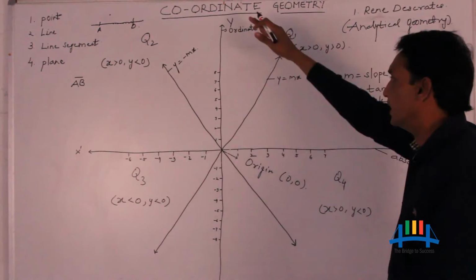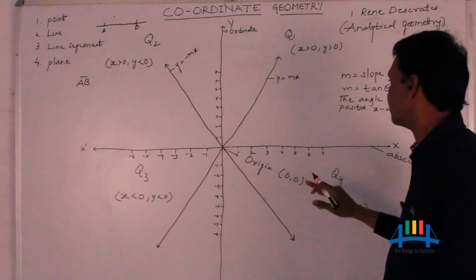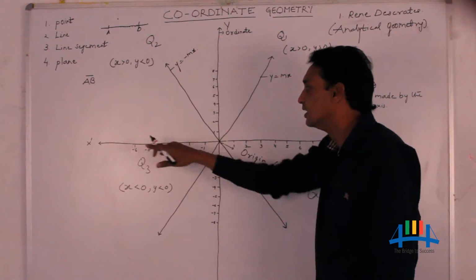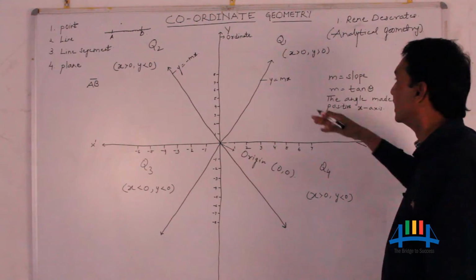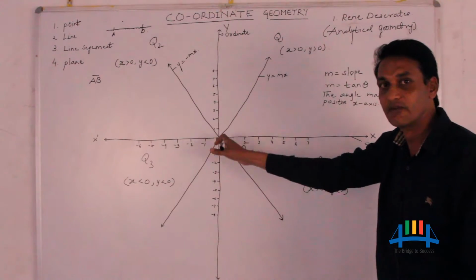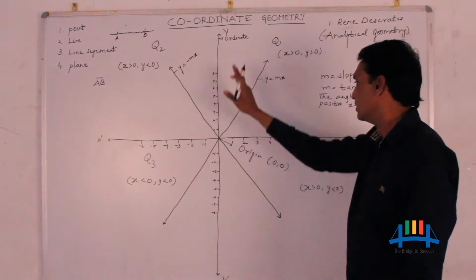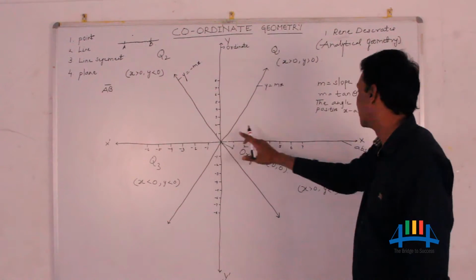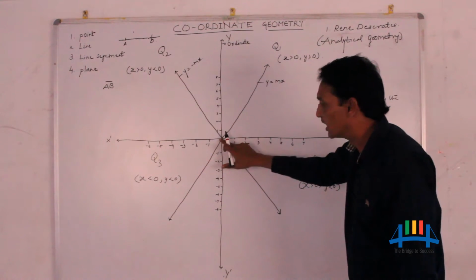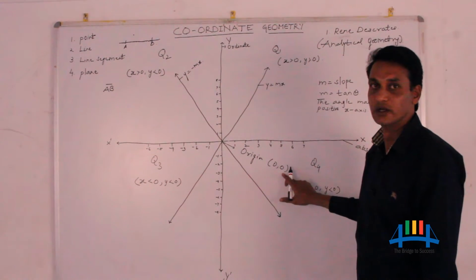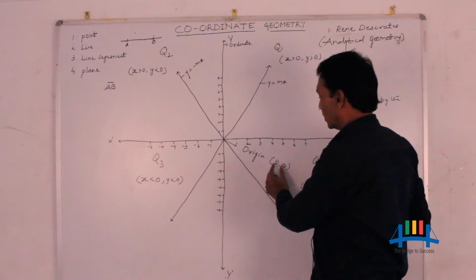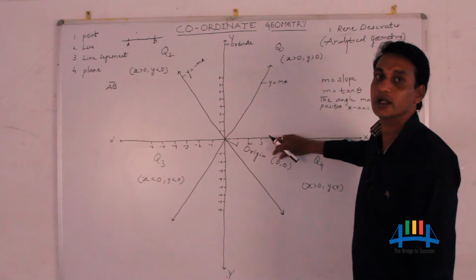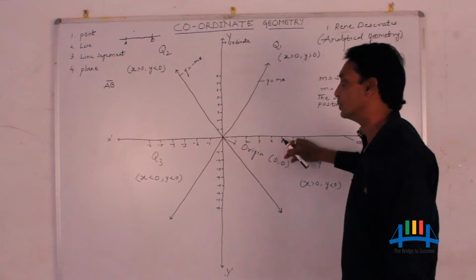This is the horizontal line and this is the vertical reference line. The intersection of both lines we call the origin, written as (0, 0). What do we mean by (0, 0)? The x coordinate is equal to 0 and the y coordinate is also equal to 0.